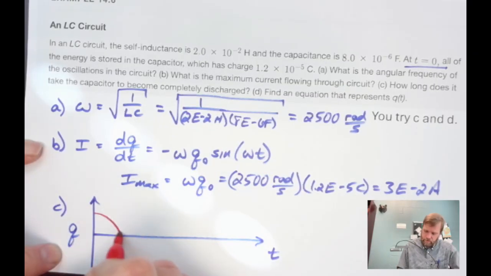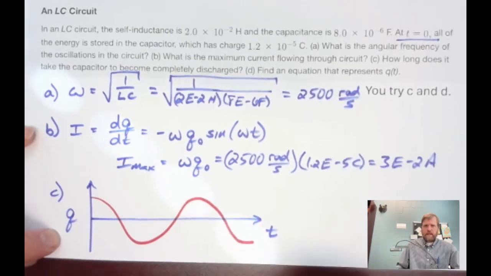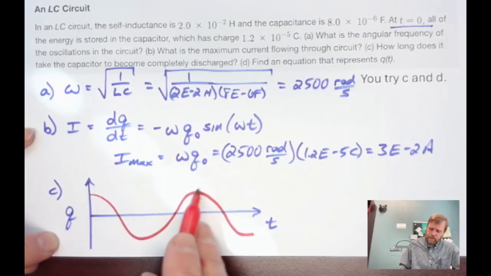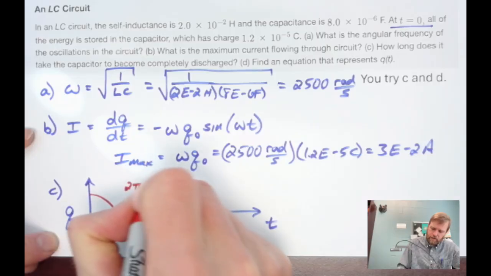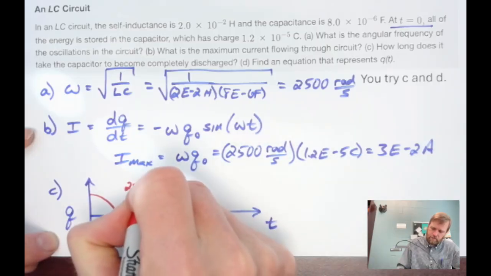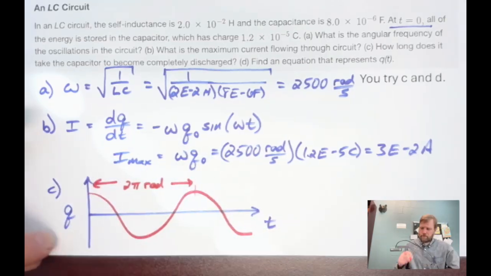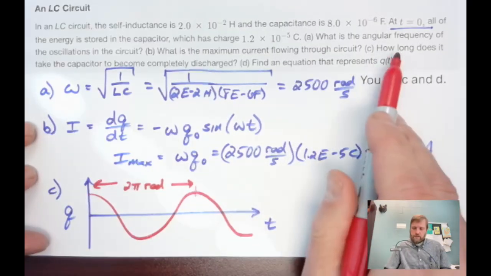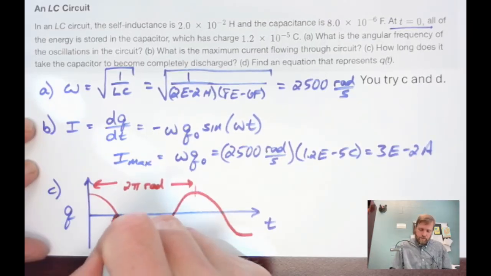Cosine functions look like this. From here to here is one complete cycle. This is 2 pi radians. And what we want to know is how long it takes the capacitor to become completely discharged. Well, it's discharged here, it's discharged there, and there. We're going to look for this first one.